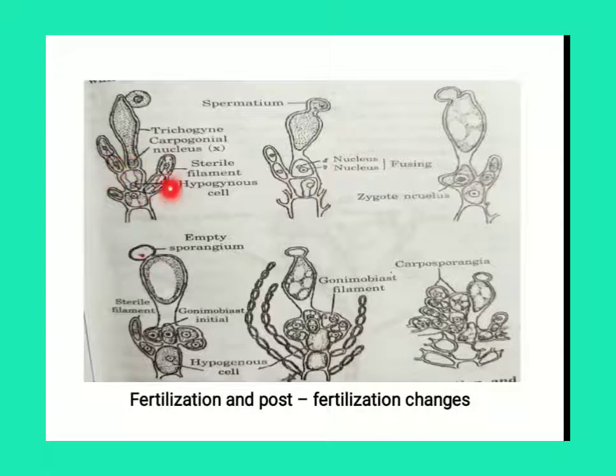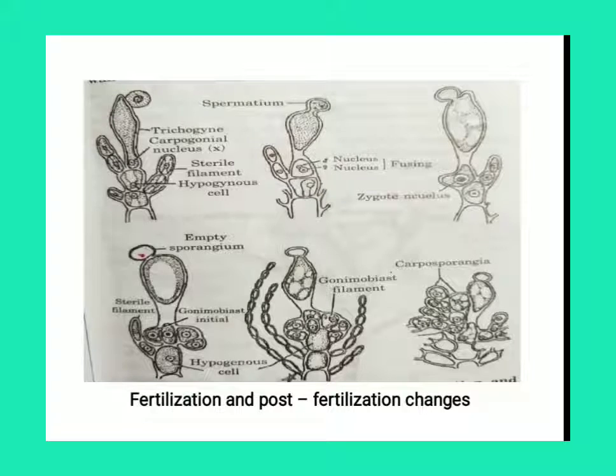First, the zygote is formed by sexual reproduction, and the zygote divides meiotically into daughter nuclei, and the daughter nuclei further divide mitotically.